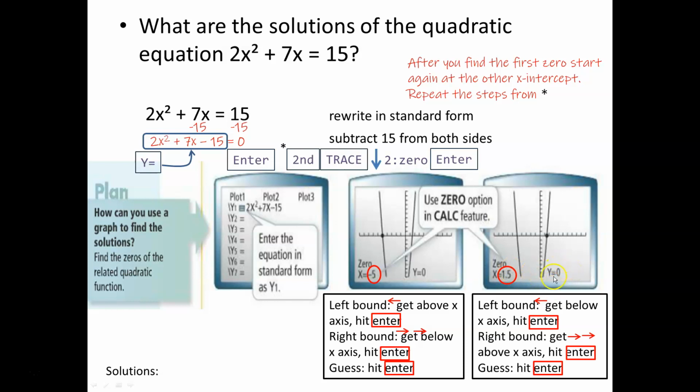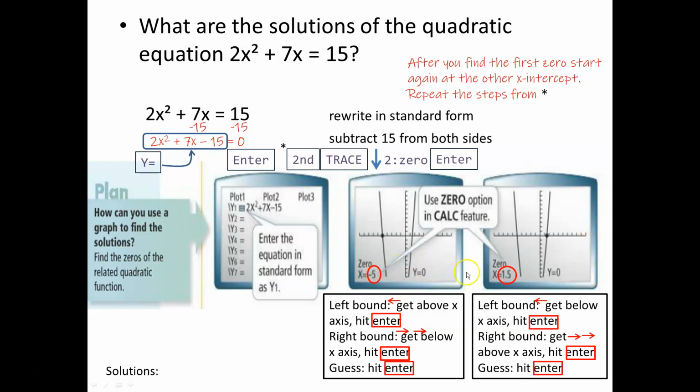If your y says something like 1.1111 e negative 62, what that means is 1.11 times 10 to the negative 62, which is 0. Or if it says 9.99 e negative whatever, that's also 0. So if there's an e in here and a big number, don't worry about it.